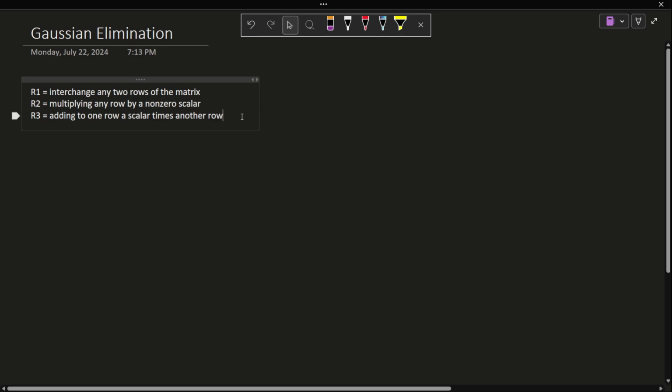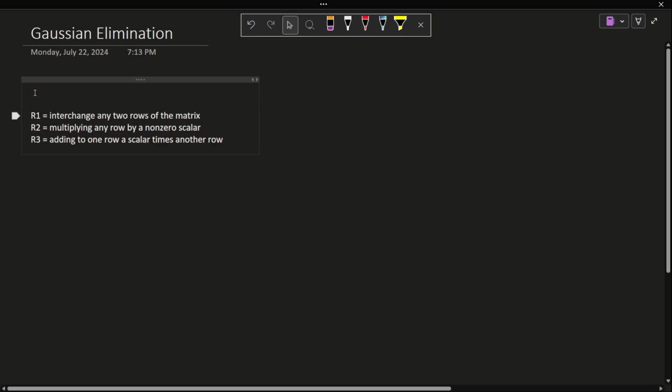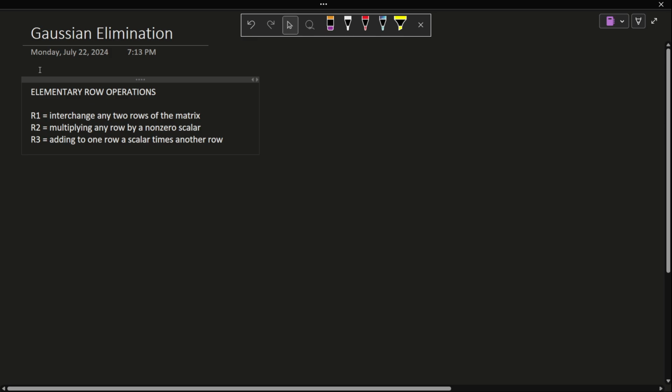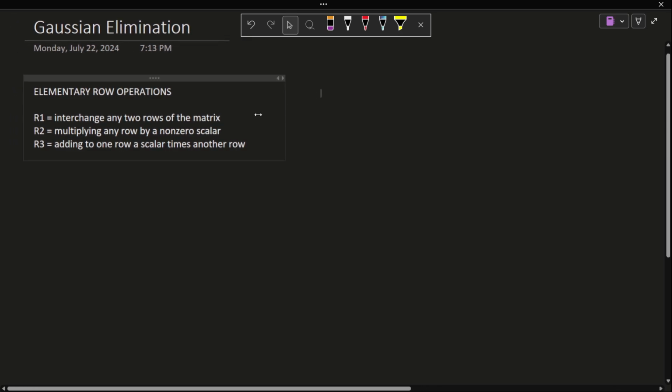Okay, so these are what we're going to call elementary row operations.